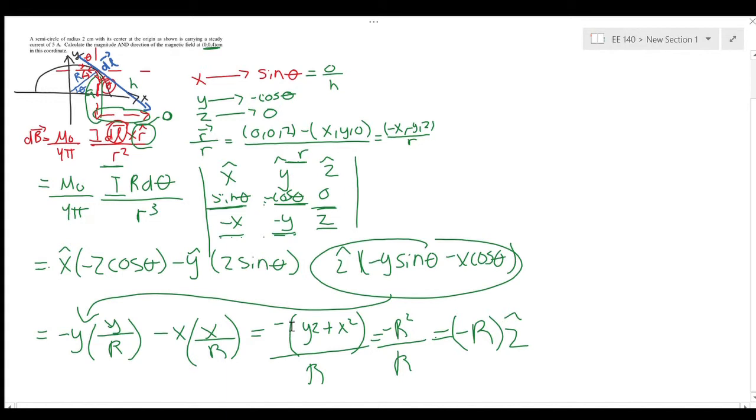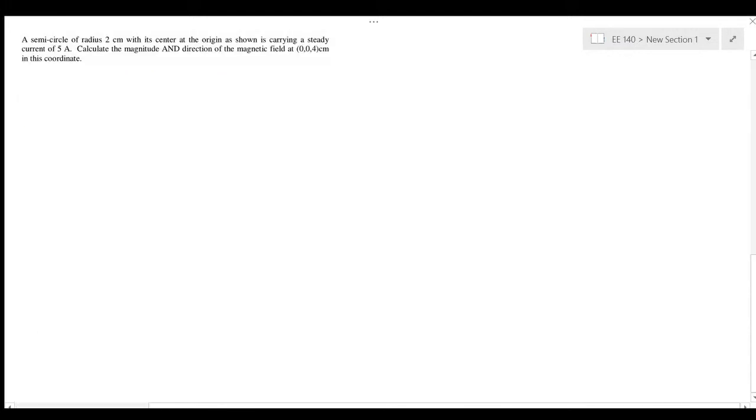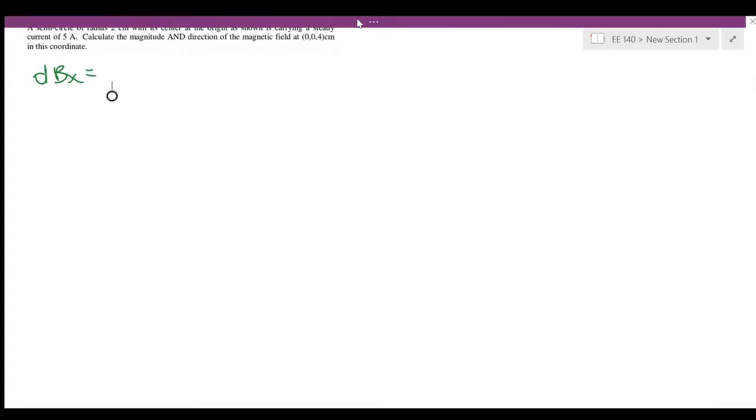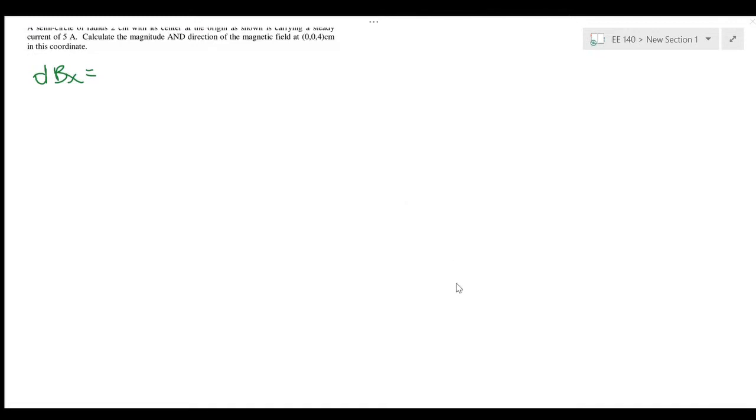to the equation and separately solve for the x, y, z direction. So first we're going to do dBx. dBx is equal to mu naught over 4 pi I r d theta over r cubed negative z cosine theta.